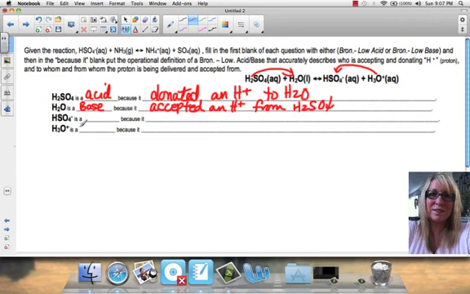So H3O plus is an acid because it donates an H plus to HSO4 minus. And HSO4 minus is a base because it accepts an H plus from H3O plus.